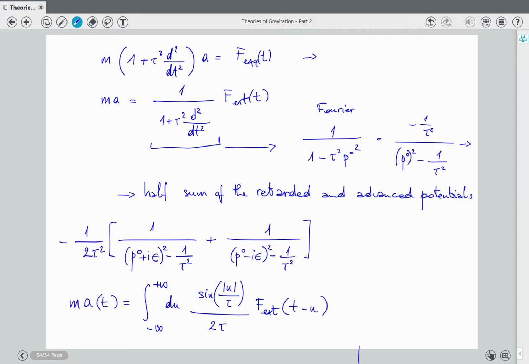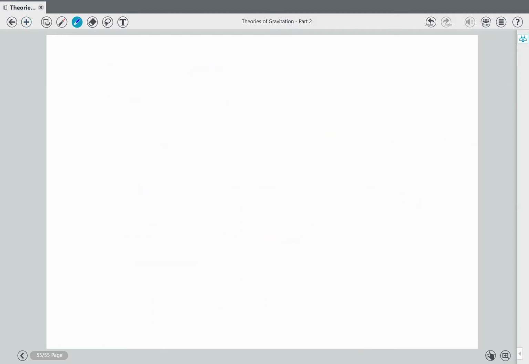Anyway, this is it, and if you want an exercise in mathematical methods, prove this. There is a modulus there, so be careful. That's equal to delta of u.